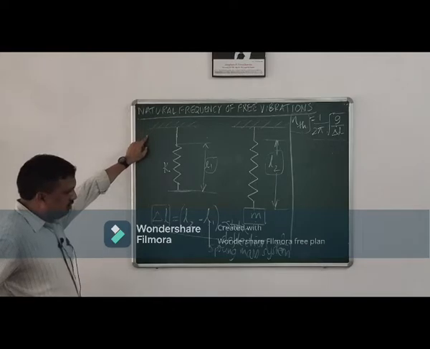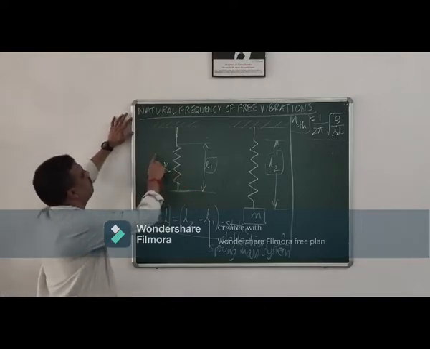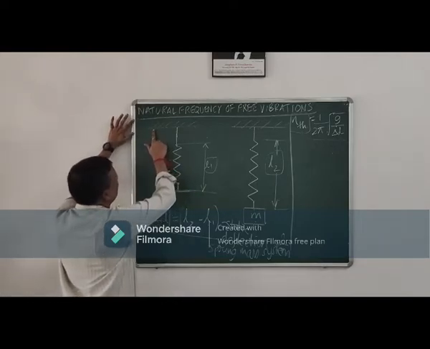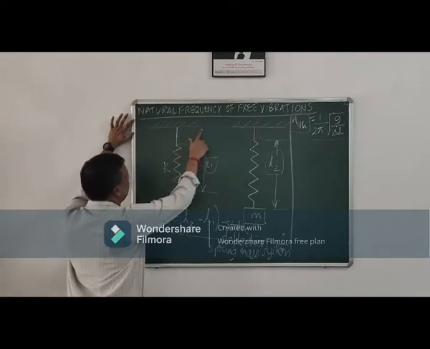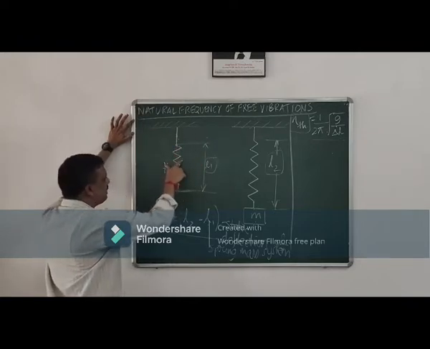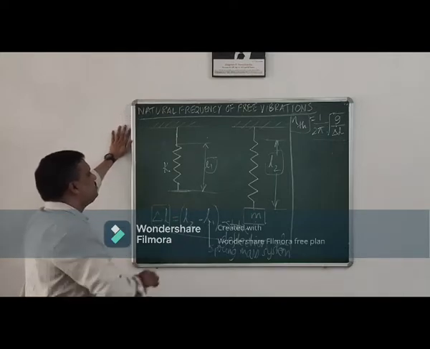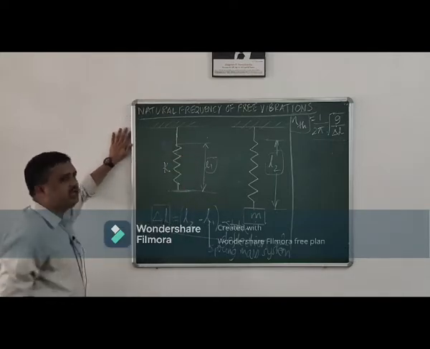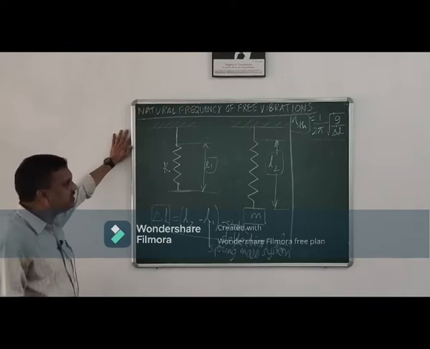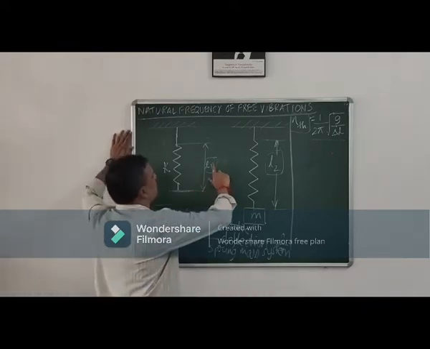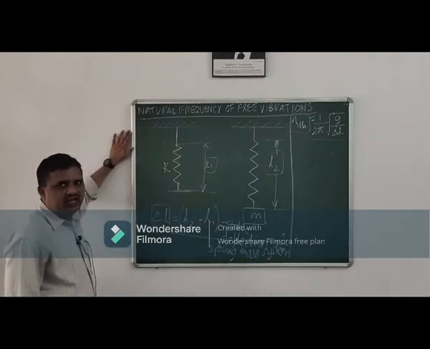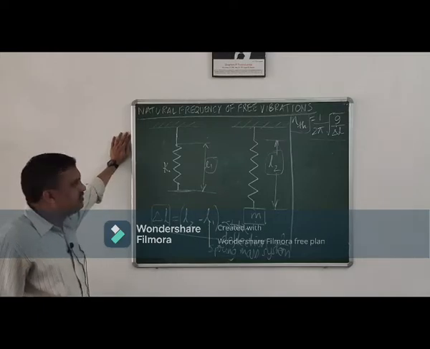If you observe the diagram, there is one fixed end, and to this fixed end one spring is attached. When the spring is attached, we need to measure the unstretched length of the spring.